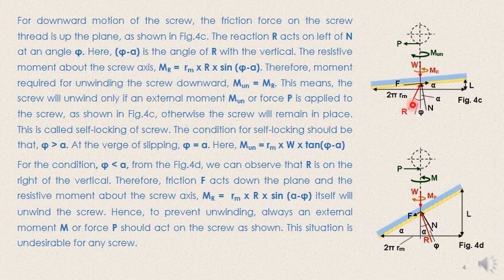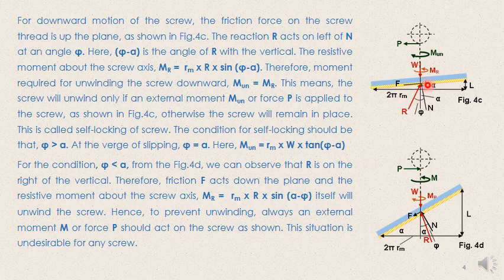So this is the R vector. What is the angle you can see? The angle between the normal and the R is as usual the friction angle, and this is alpha. So here this particular angle becomes phi minus alpha.